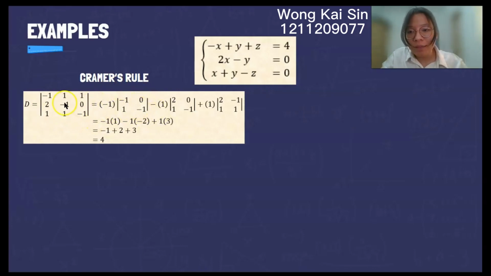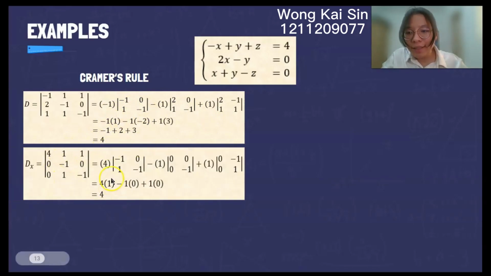The first one is plus, the second is negative, and the third one is plus. This is the formula. So plus negative 1 minus 1 plus 1. After that, do the determinant and multiply it together, and we will get the answer 4.